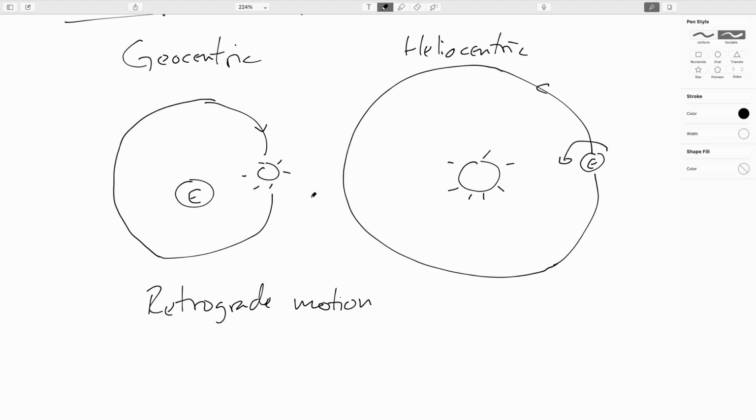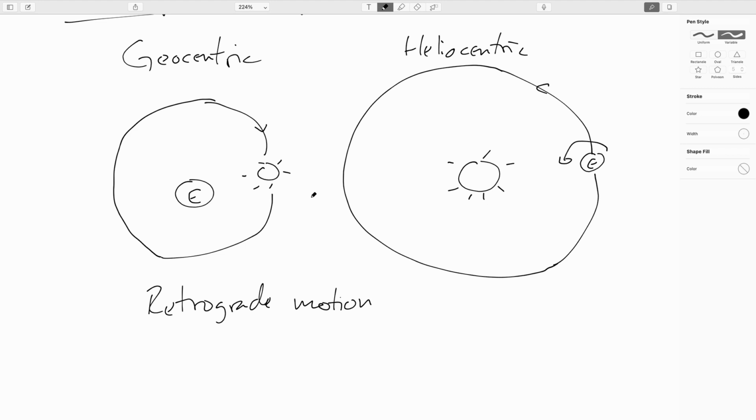Now, the heliocentric model explains retrograde motion more naturally. Obviously, do not try this while operating a motor vehicle. But next time you are a passenger in a motor vehicle, if you fixate on the background while you're passing a car, you'll see that the car looks to be moving backwards.